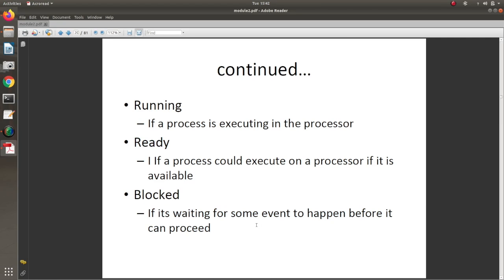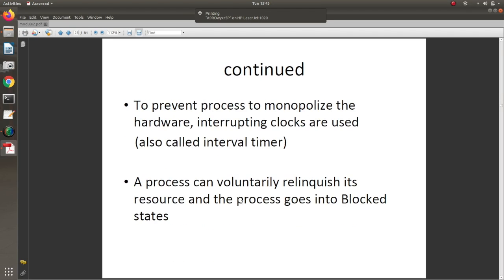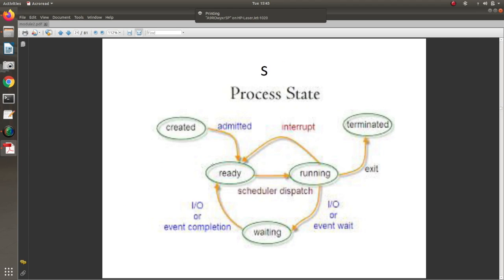Like in C programming or in any programming language, we take input of the data, right? So it is waiting for the user to give the input. Then that is called the blocked state.